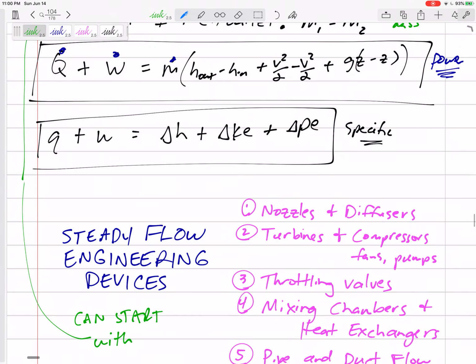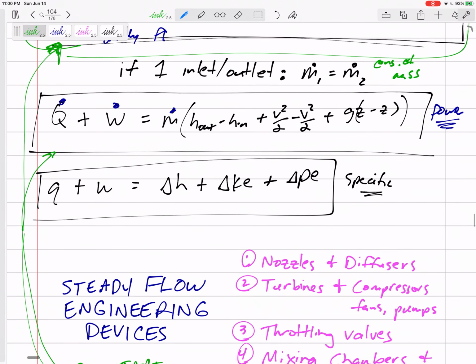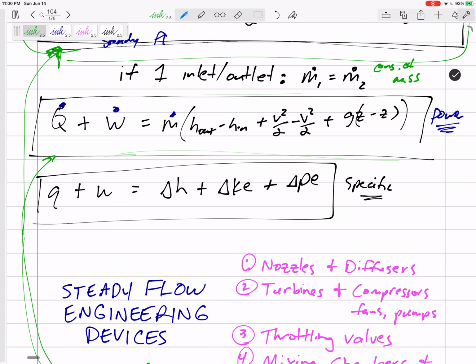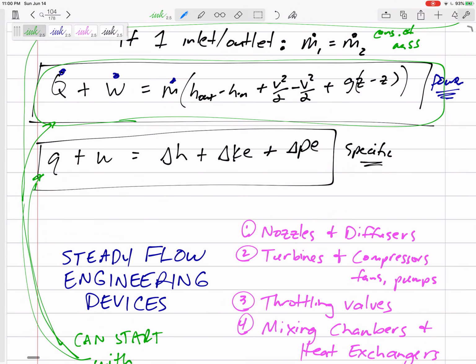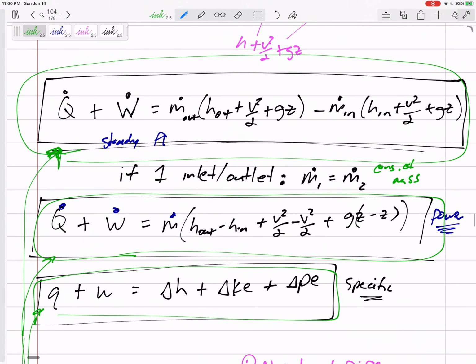But if we know there's one inlet and outlet, then we can go right here. If we know there's one inlet and outlet and we only want specific, we can go right there. But in general, I'm going to start with this top one, our main equation.